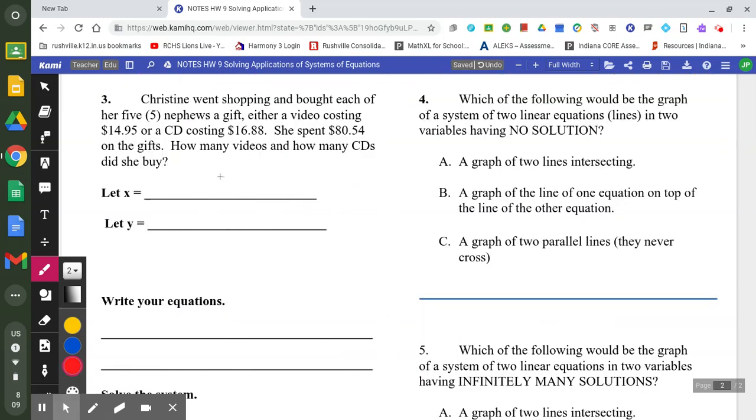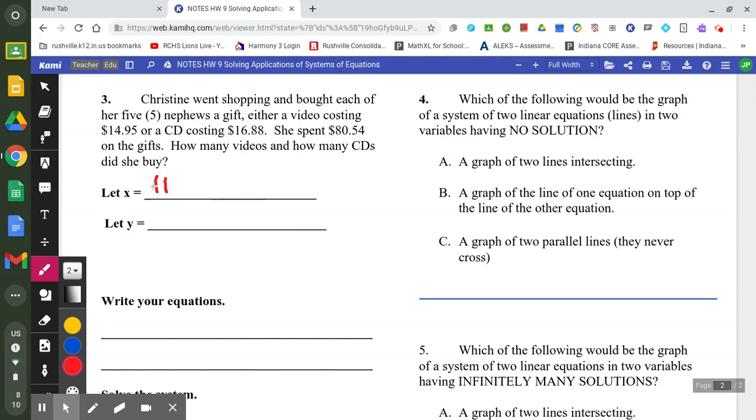Okay, Christine went shopping and bought each of her 5 nephews a gift, either a video costing $14.95 or a CD costing $16.88. She spent $80.54 on the gifts. How many videos and how many CDs did she buy?